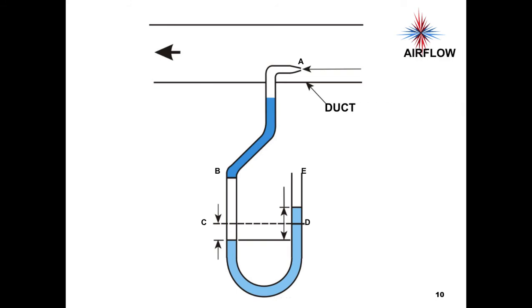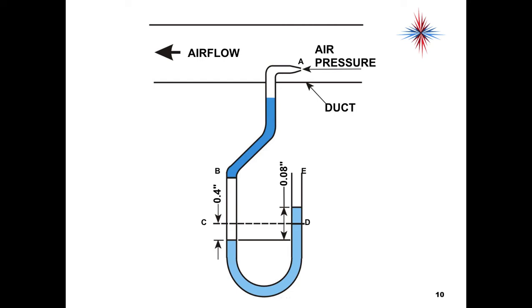So we have our duct, we have airflow, and we have air pressure going into the sampling tube. We have a 0.04 inch drop on the left side, and a 0.04 inch rise on the right side.